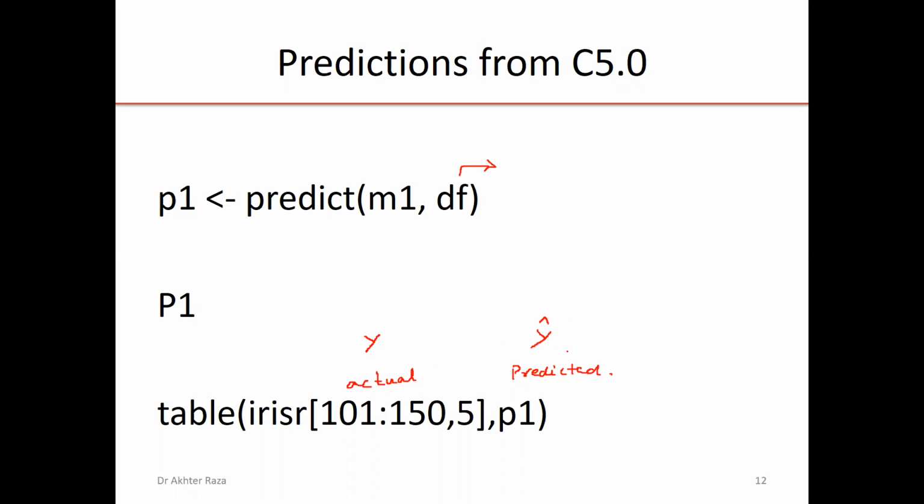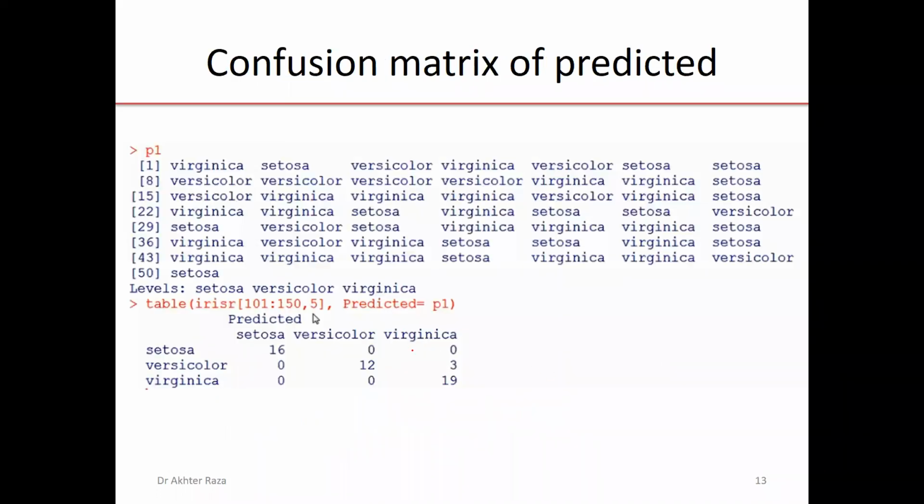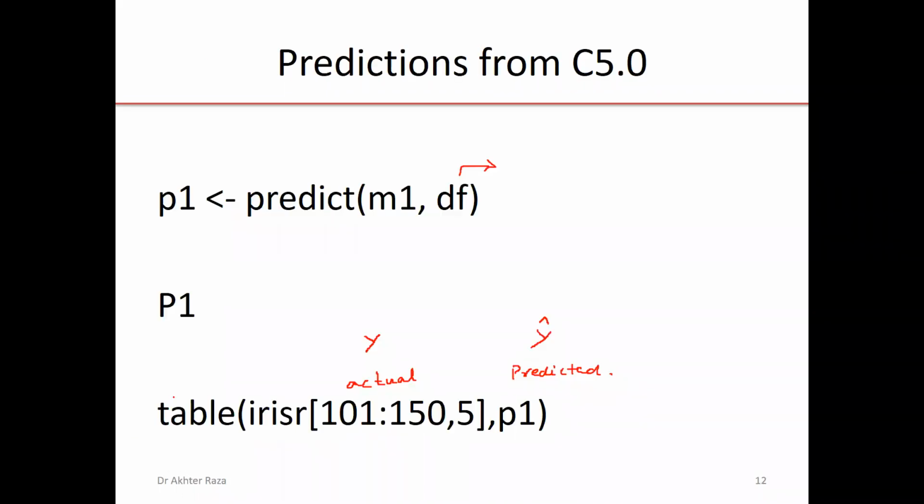If y and y cap are distant, then we have a very large disparity in the model, and the model will not be assumed to be accurate. So what is the accuracy level? The accuracy is basically the matching of y and y cap, right?